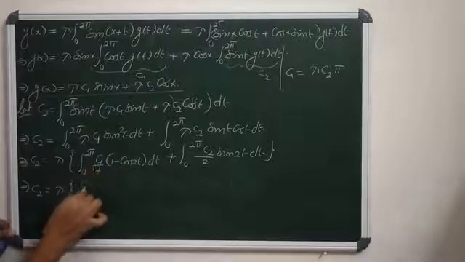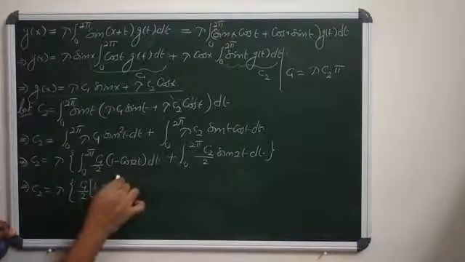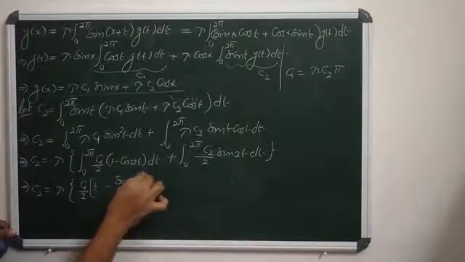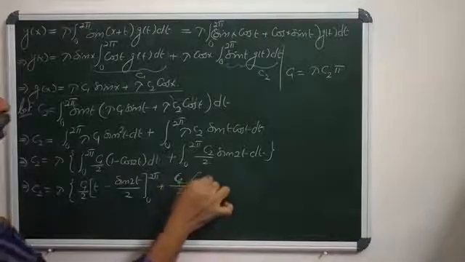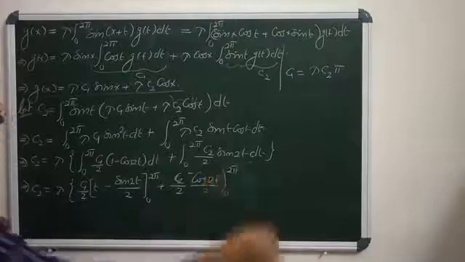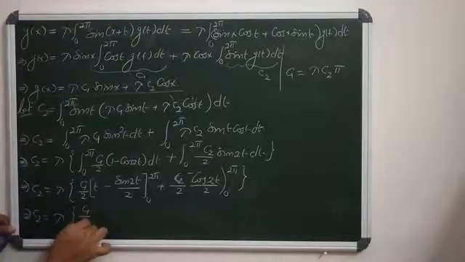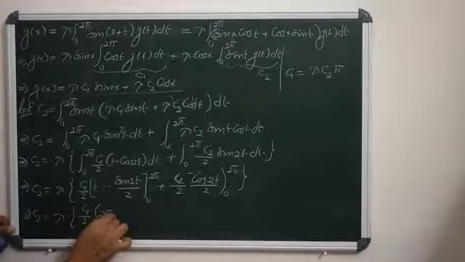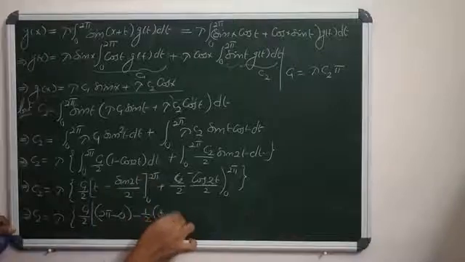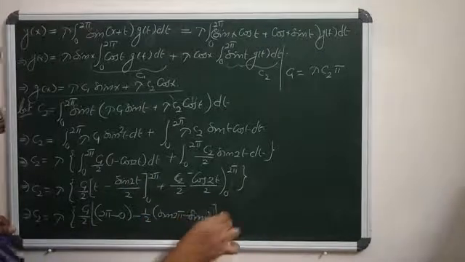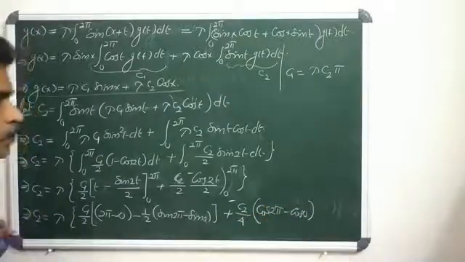So it is C1 by 2 into integral of 1, that is t, minus integral of cos 2t, that is sin 2t by 2, from 0 to 2 pi, plus C2 by 2 into integral of sin 2t, that is minus cos 2t by 2, from 0 to 2 pi. So C2 equals lambda into C1 by 2 into 2 pi minus 0, minus 1 by 2 into sin 2 pi minus sin 0, plus minus C2 by 4 into cos 2 pi minus cos 0.